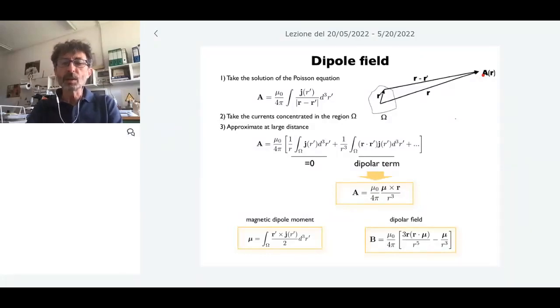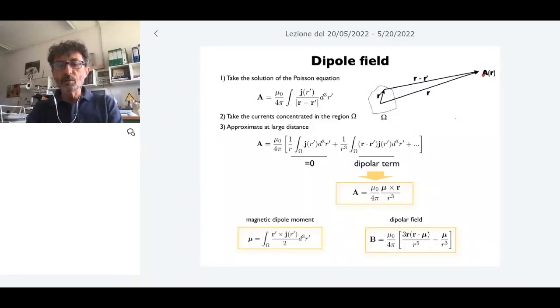In order to understand what is generating the field, what is important is the first non-zero term, so we have to go to the next. The next one is 1 over R cubed, and it contains this product, distance times current densities.